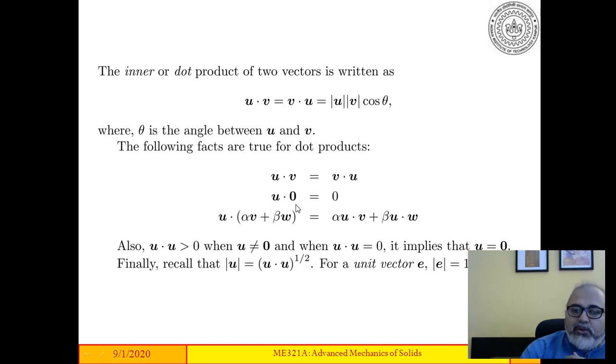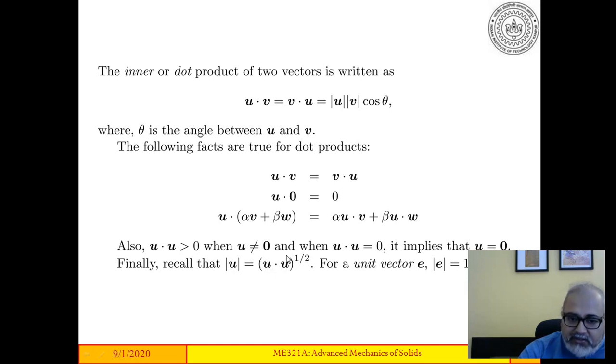If you dot u with 0, you get a scalar 0, and it is also linear. So u dot (alpha v plus beta w) is the same as alpha u dot v plus beta u dot w. When u dot u is equal to 0, it implies that u equals 0. There's no other way. And also magnitude of u, we will often write as u dot u to the power half.